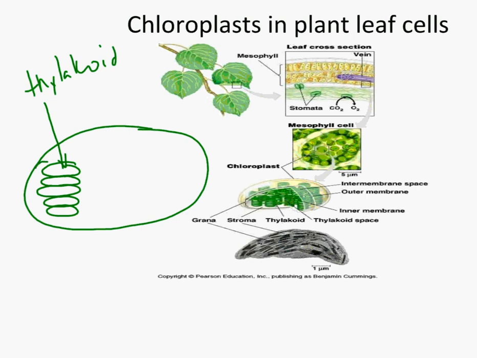A stack of these thylakoids is called the granum, and the space on the inside, the liquid, is called the stroma. And the stroma is where the light-independent reaction, or the Calvin cycle, is going to take place.